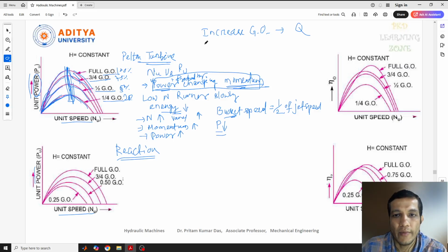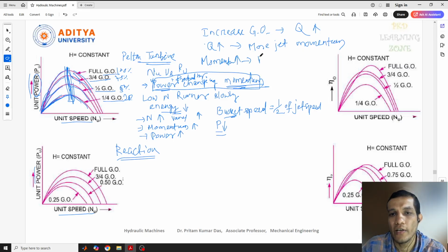When discharge is more, obviously we get more jet momentum, and more jet momentum means more power.